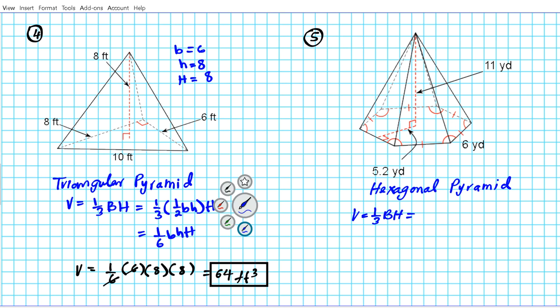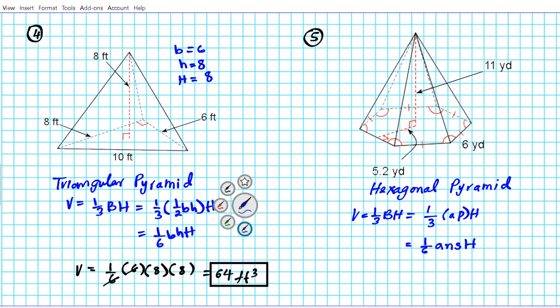If we apply the formula we talked about earlier, you can either go 1/3 times the apothem times the perimeter times the height, or if you want to simplify it further all the way down, it's 1/6 of the apothem times the number of sides times the length of the side times the perpendicular height. Okay? So let's list what we have here first.